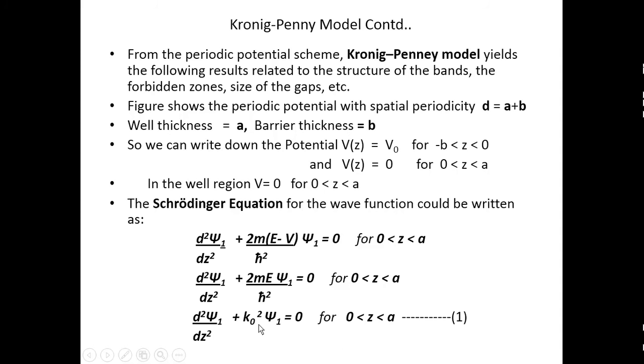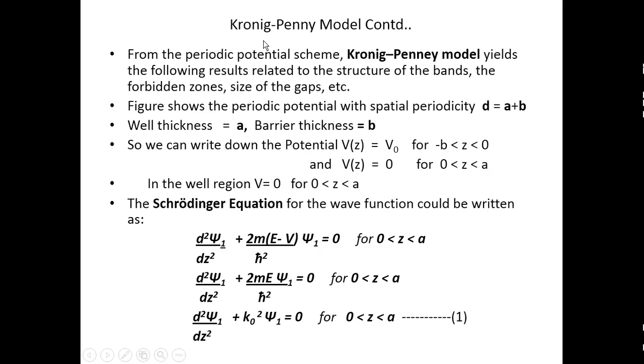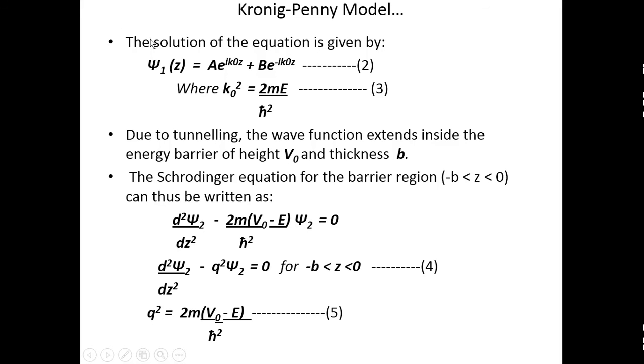Okay, where k0 square is equal to 2mE by h cut square. Now the solution for the equation is given as psi 1(z) is equal to A e^(ik0z) plus B e^(-ik0z). This we can find out. Of course, this differential equation, the Schrodinger equation, could be solved, and you will be getting an equation like this, where k0 square is equal to 2mE by h cut square.